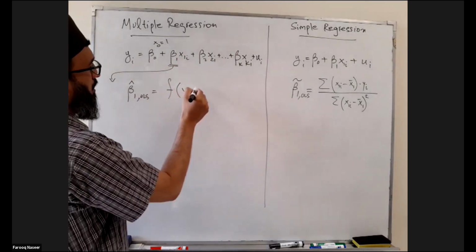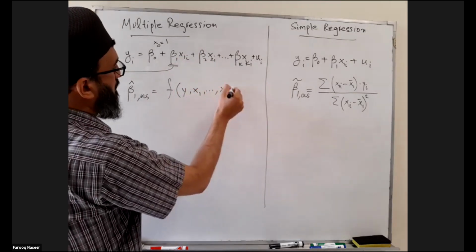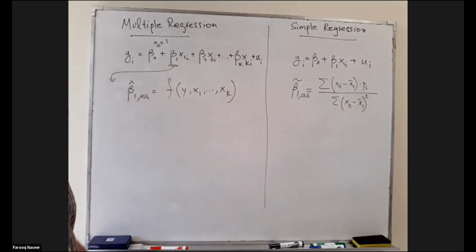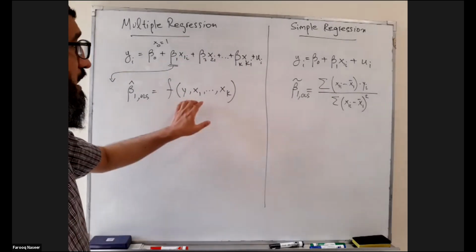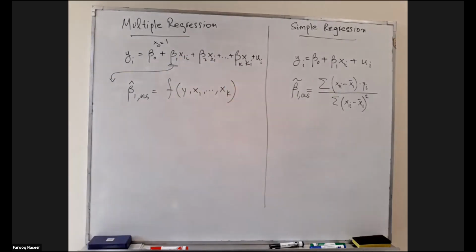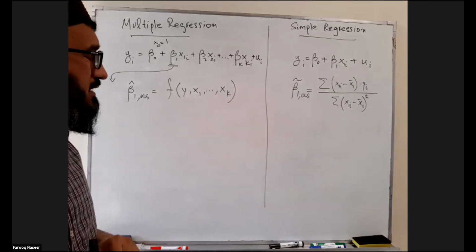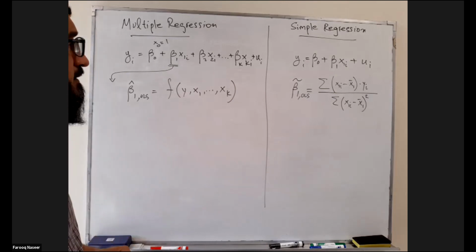In the form of my original variables in the model, this formula is a complicated function of the y and all the x variables, not just y and x1. It's not pretty to look at.